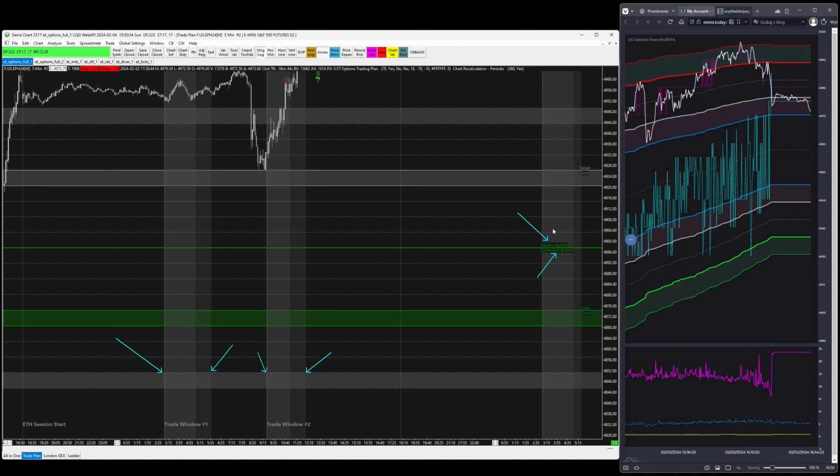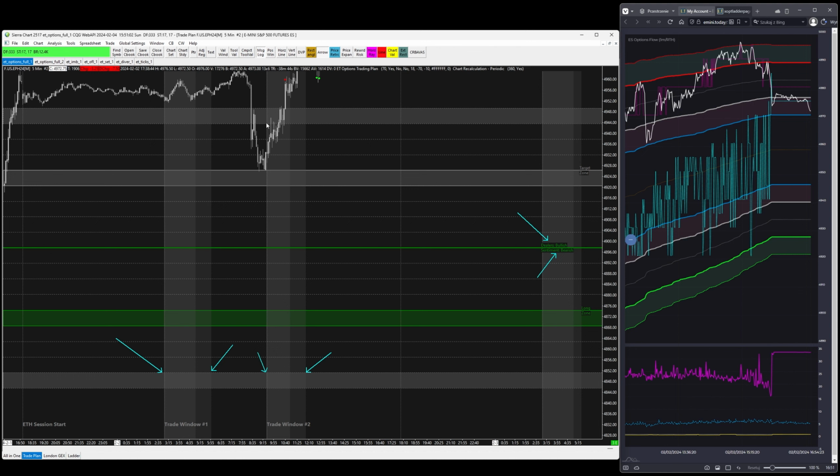But for now, and for the trading plan, this is the one that we are basing the coloring of the levels on. So we pick the side in which we want to trade during these trade windows based on the dealers' sentiment, not the overall sentiment of options market participants, but on the dealers' sentiment.